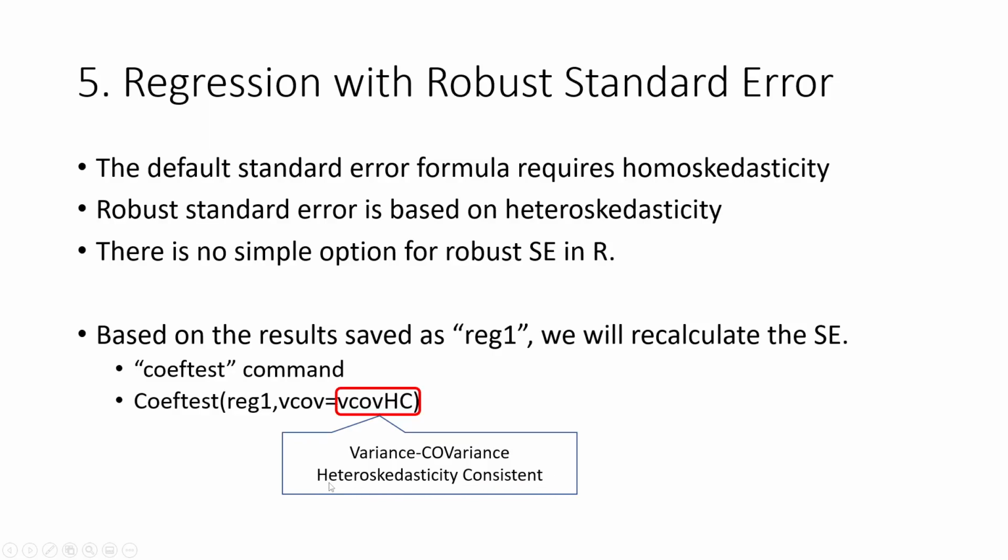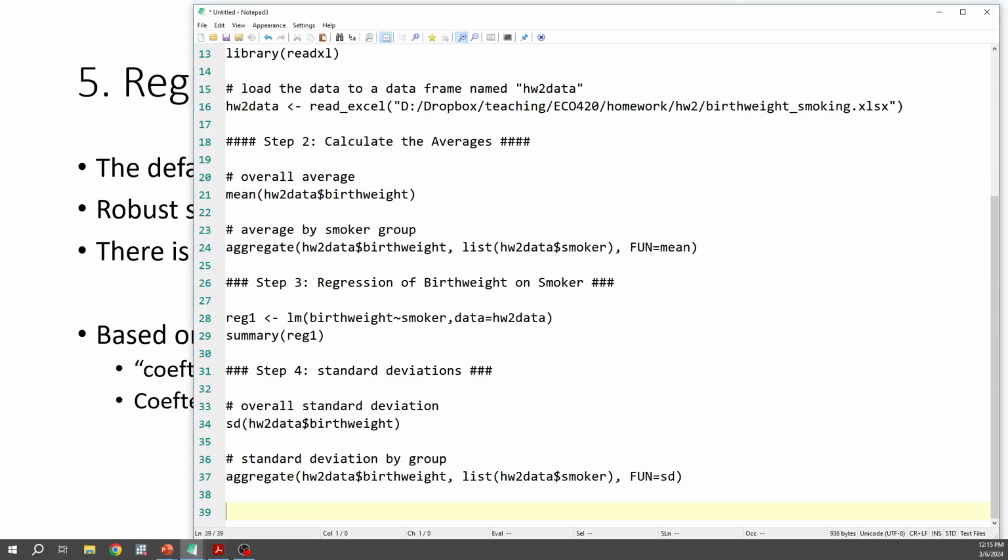So in R, we are going to use coefficient test based on REG1. This is where we saved our regression output. Based on the same output, we are going to recalculate the test for each coefficient using the heteroscedasticity consistent variance covariance option. Okay, just copy that.